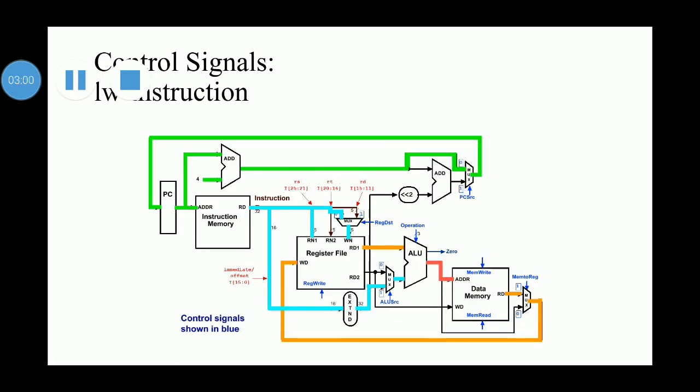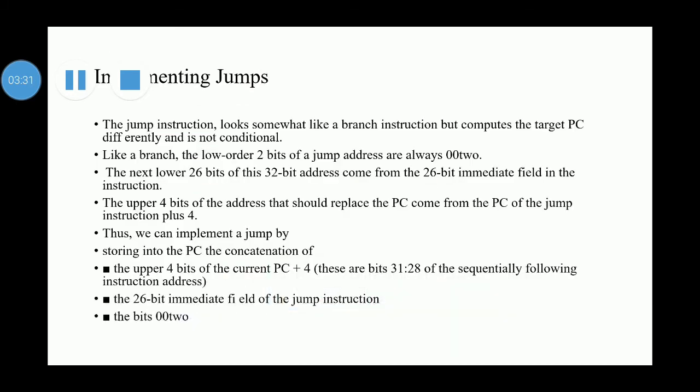If you see the load word instruction, ALUSrc is 1 here, so the multiplexer selects the 1 path. Next the operation is 0 1 0, MemWrite is 0, MemRead is 1, MemtoReg is also 1 here, RegDst is 0, and RegWrite is 1 here. PCSrc is a derived signal which is 0 here.